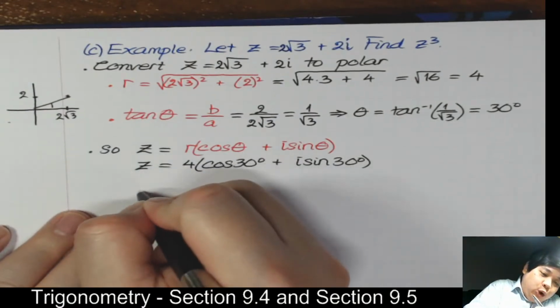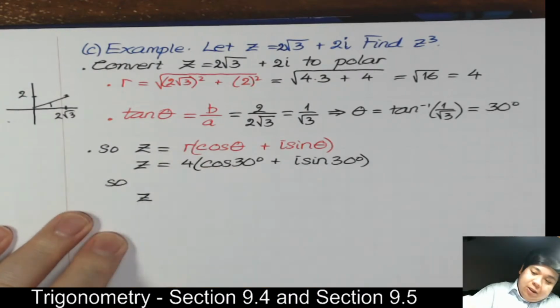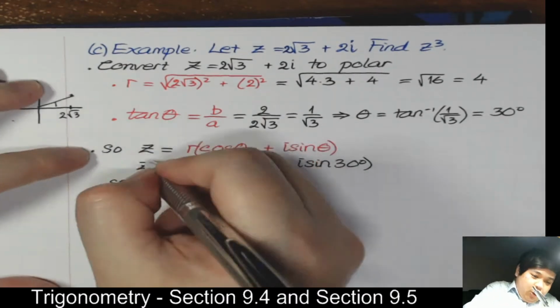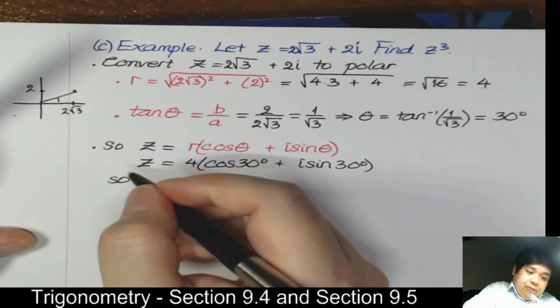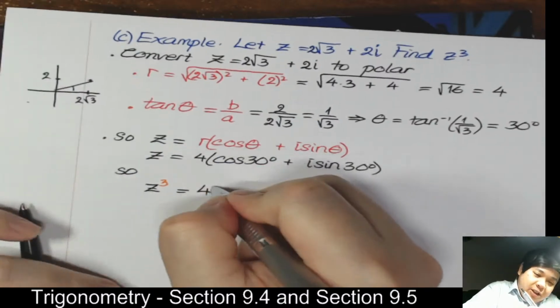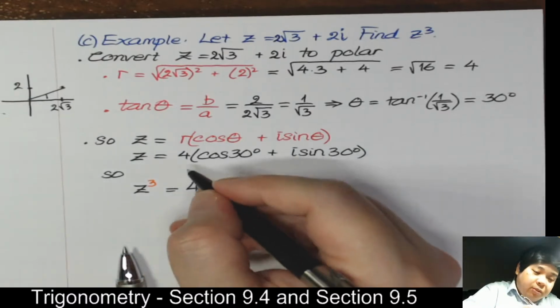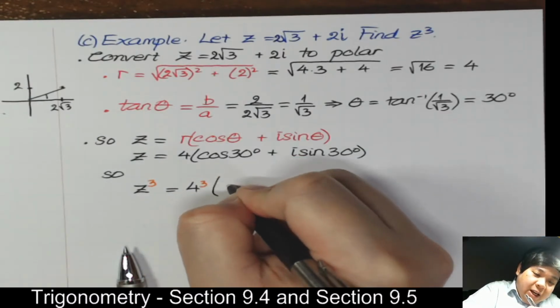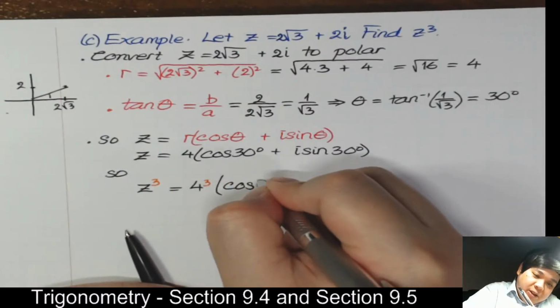And then we want to cube. If we raise that to the power of 3, we raise the modulus to the power, and then the angle is multiplied by that number.